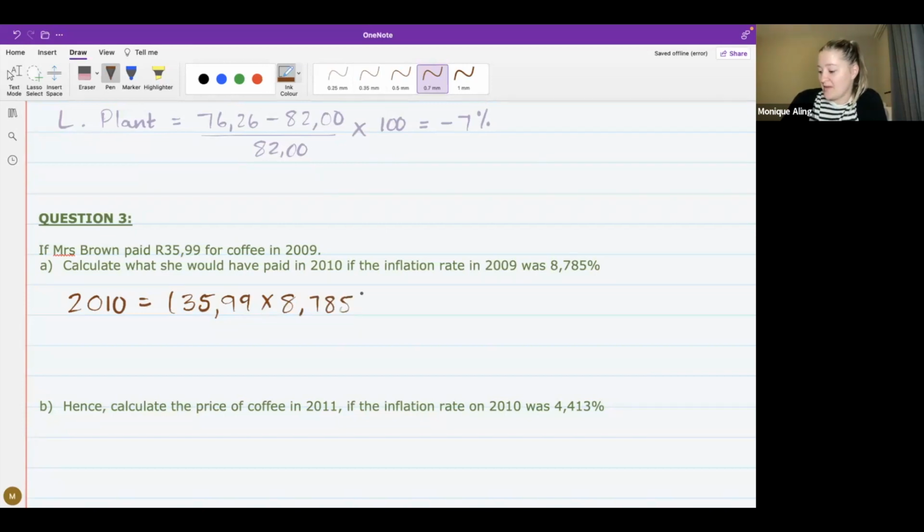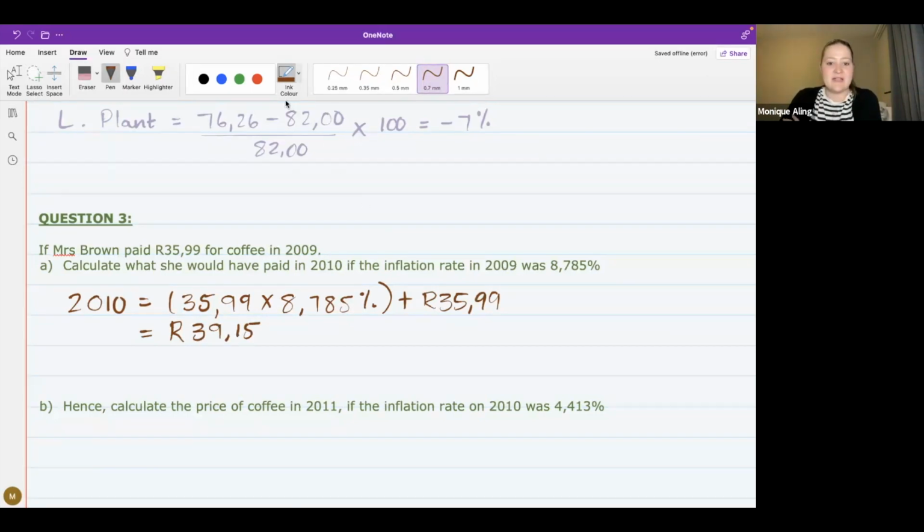Remember to keep all the decimals added back to the original price. And according to the inflation rate, coffee is going to cost 39 Rand and 15 cents a year later. Kind of looks like we all got that.